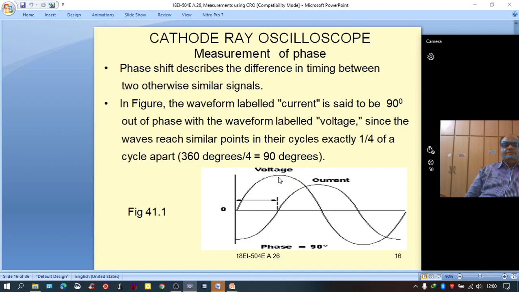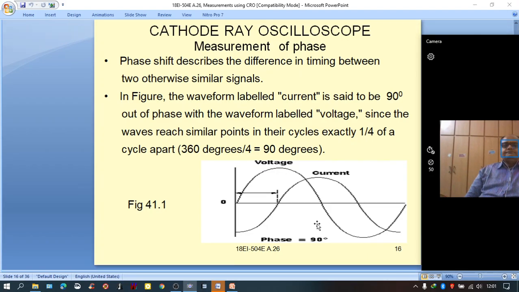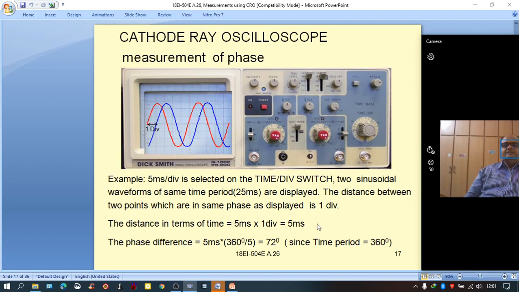It is reaching its peak value here and it is reaching its peak value here. So between either these two, that value is exactly 90 degrees. We can say phase shift is 90 degrees.